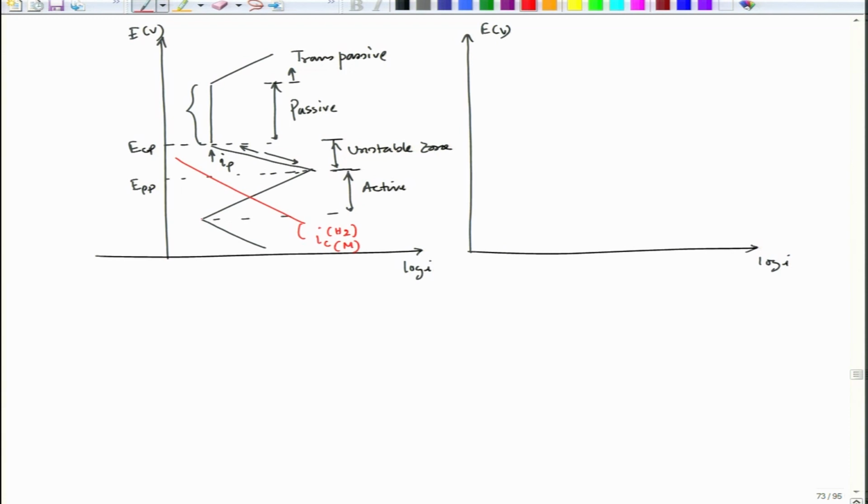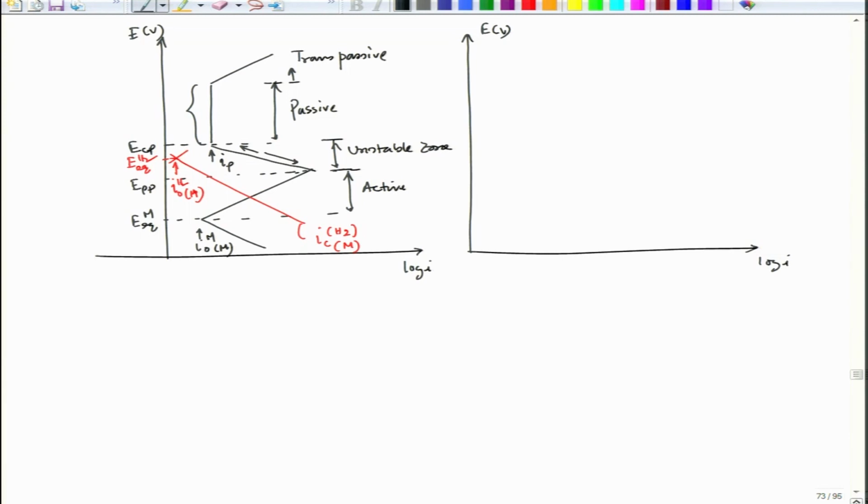So, this is I0 of metal, and this is I0 hydrogen on metal surface. This corresponds to E equilibrium hydrogen, and this corresponds to E equilibrium of metal.